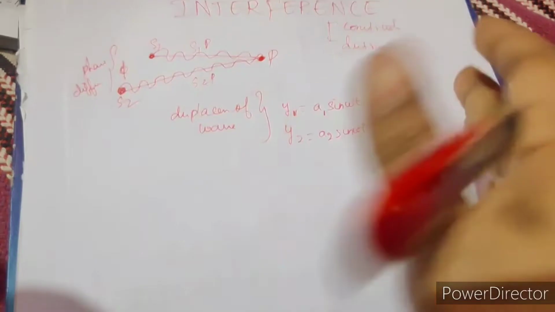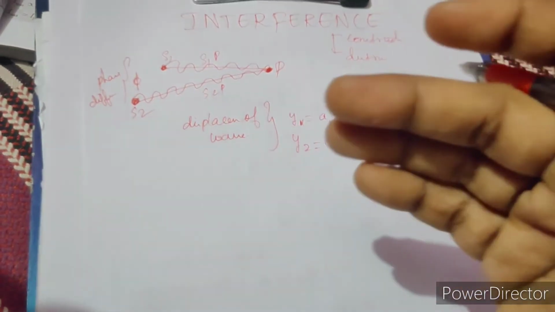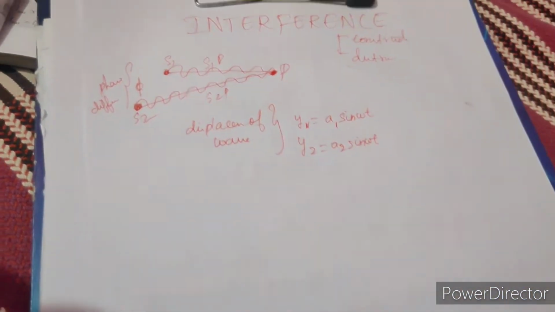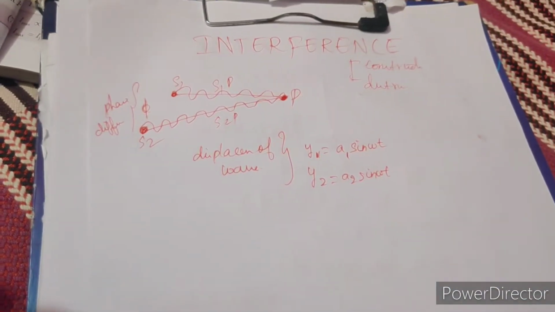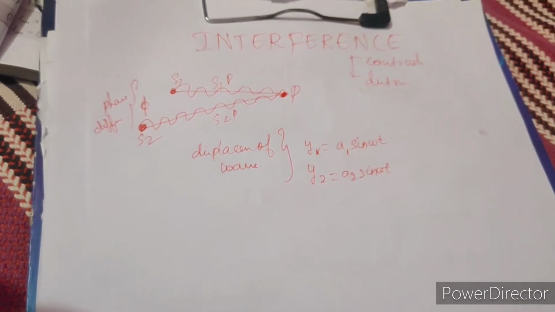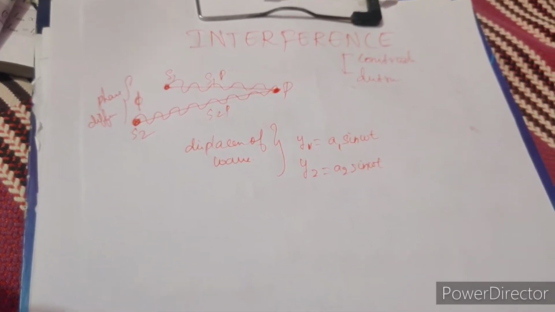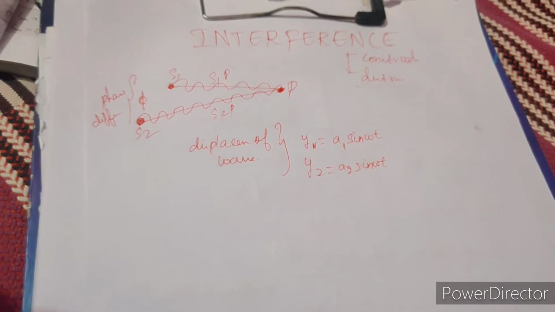To find the total displacement for interference, we use the superposition principle, where we add all the vectors, as in the electric field and also the magnetic field. Here also the same thing, we need to add.